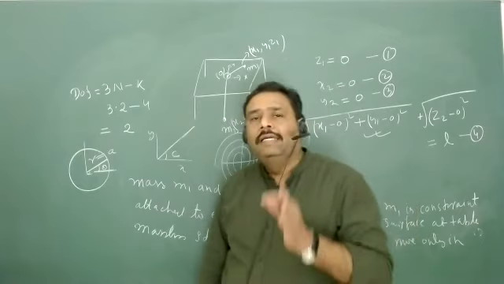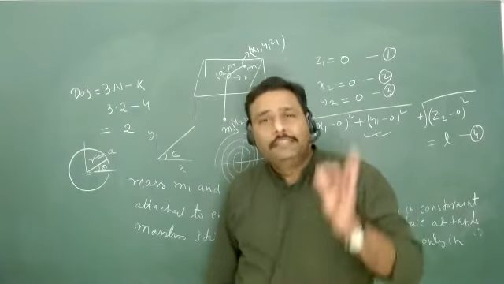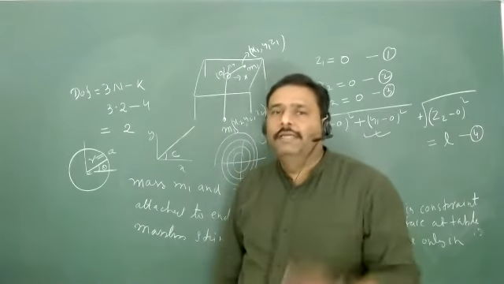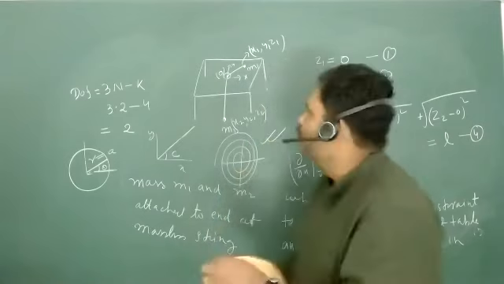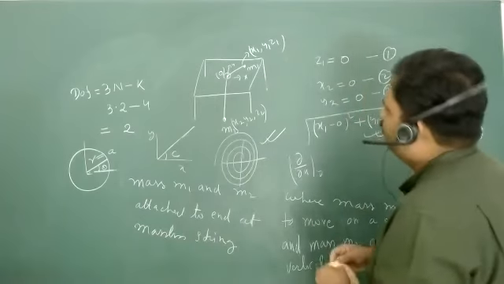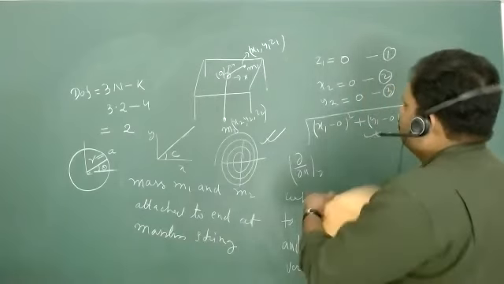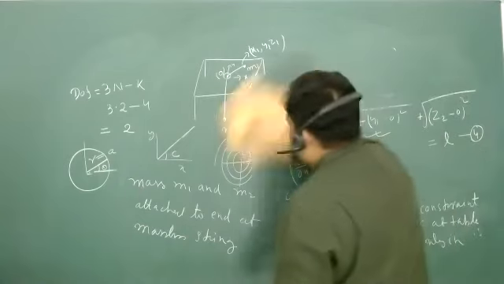So Cartesian coordinates alone are not enough to discuss different types of motion. Okay, let us go for one more problem. Then we will discuss generalized coordinates in the next class.